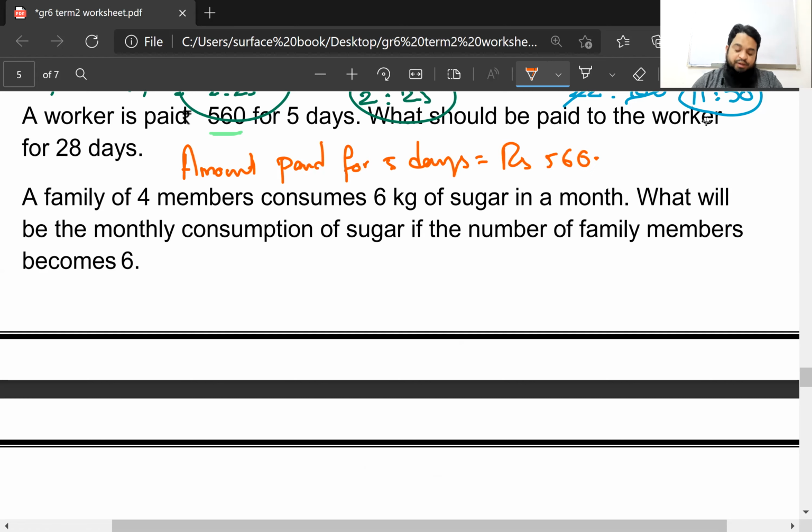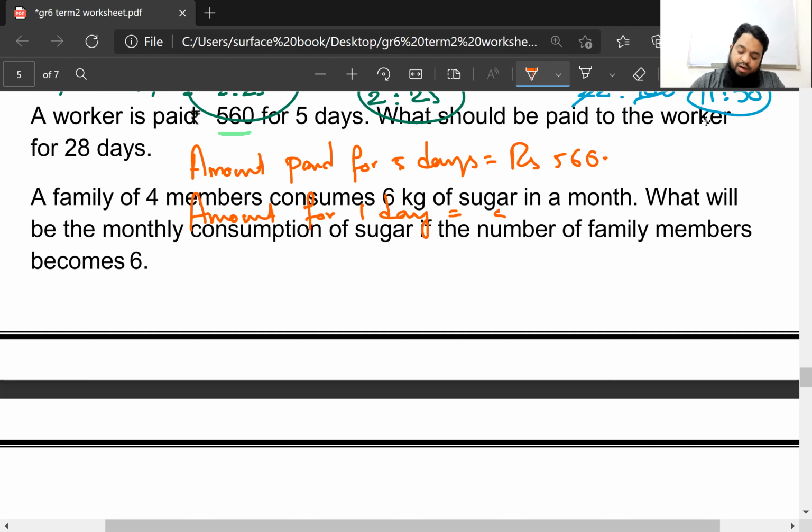Now, what will be the amount for 1 day? Say here 5 days, 560. For 1 day, you have to divide 560 by 5. And if I divide, 5 ones are 5, 5 ones are 5, and one remainder 10, in 10 two times. So for 1 day, it is 112 rupees.